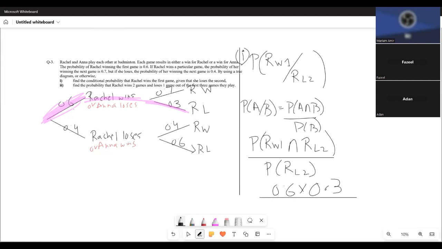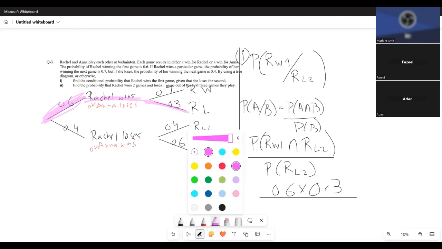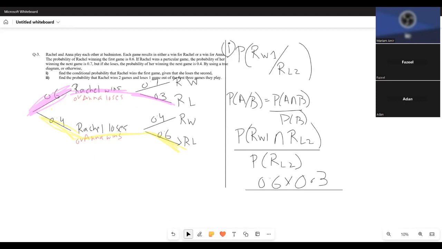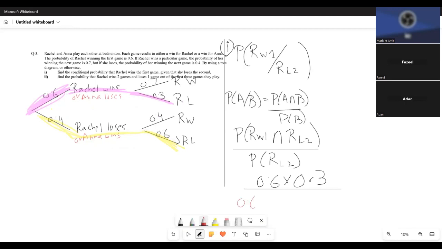Upon probability Rachel loses the second game. अब जो मैंने पिंक लाइन बनाई है उधर भी रेचल सेकंड गेम लूज कर रही है और फर्स्ट गेम लूज करके फिर सेकंड गेम लूज कर रही है यहाँ पे भी रेचल सेकंड गेम लूज कर रही है सो टोटल probability that Rachel loses the second game would be 0.6 times 0.3 from the pink line plus 0.4 times 0.6 from the second line. This would be the answer for the conditional probability, which is 3/7.